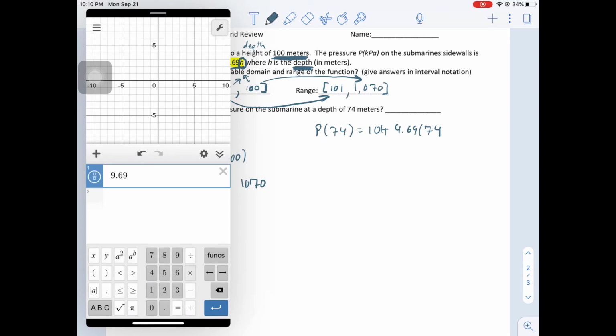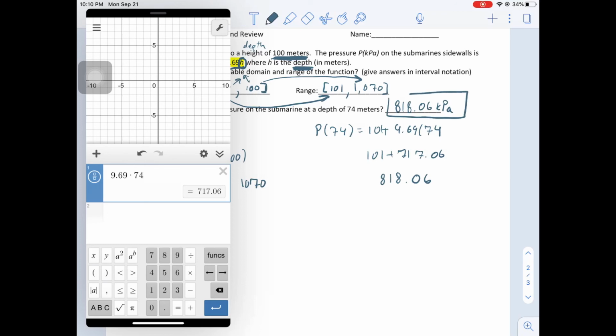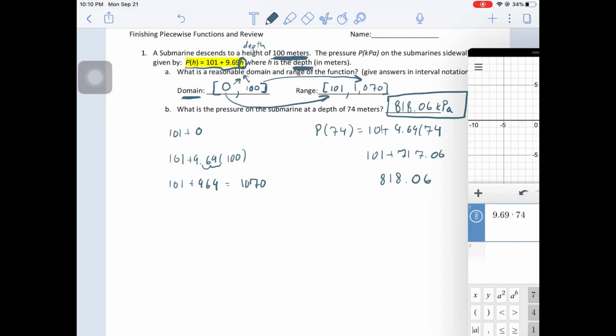So that's 101 plus 717.06. So that's going to be 818.06 kPa. Okay, and that would be our final answer for that question.